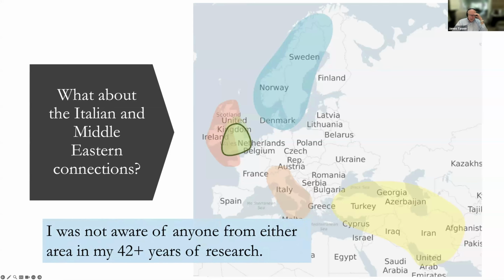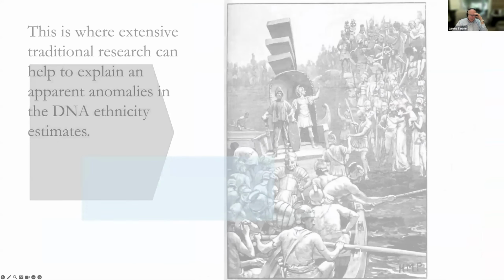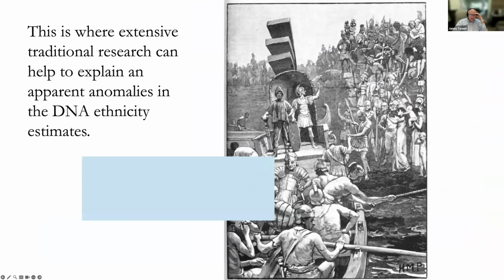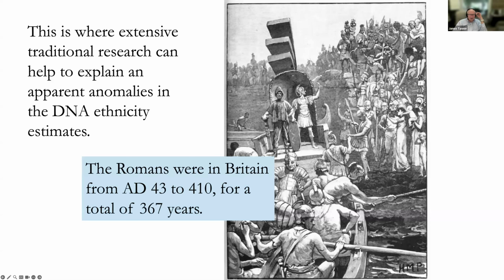Well, I mentioned what it was for the Italians, and that was simple, because if you do enough of your own research on your family tree, those things that look like anomalies may not turn out to be anomalies. The Romans were in Britain from AD 43 to 410, for 367 years.